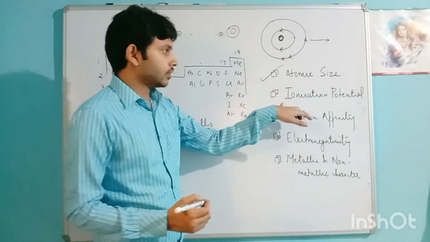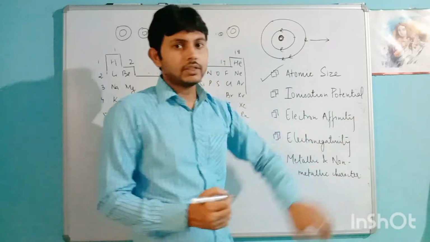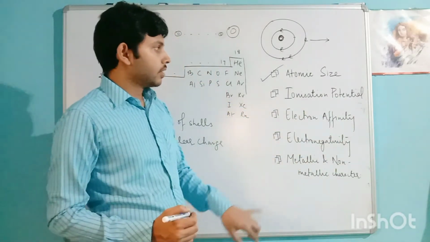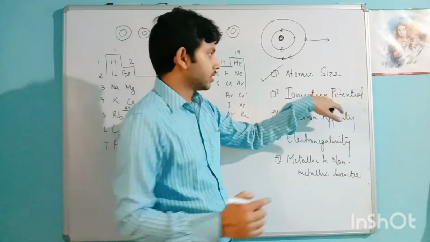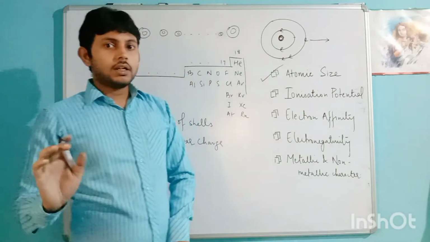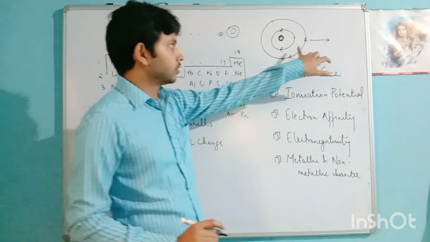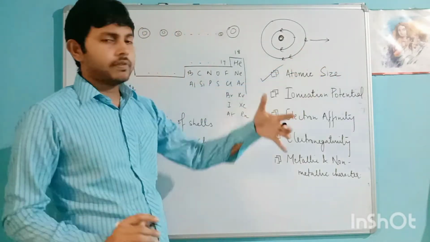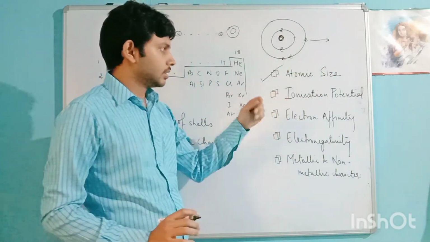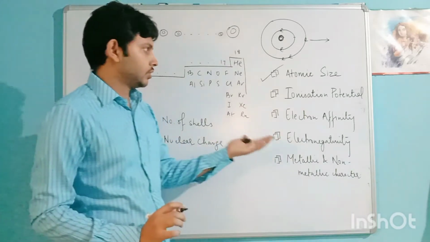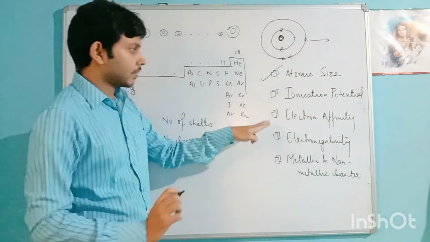Okay, so that energy is called ionization potential. So you can mark this definition in your book. The minimum amount of energy required to remove an electron from the outermost shell of an isolated gaseous atom. This is the definition which you get in your book.